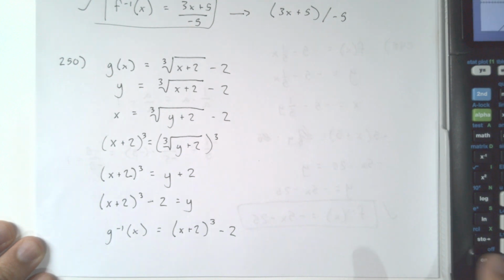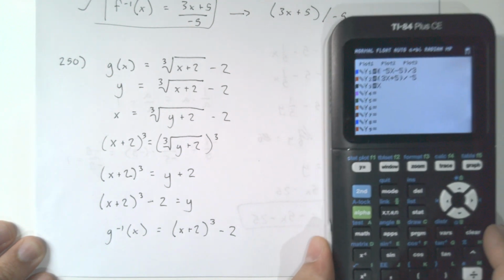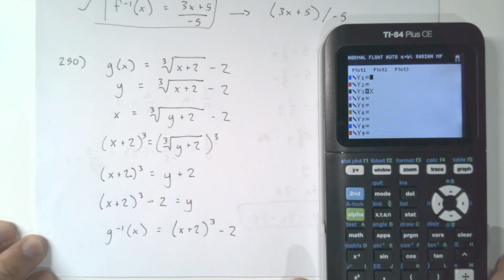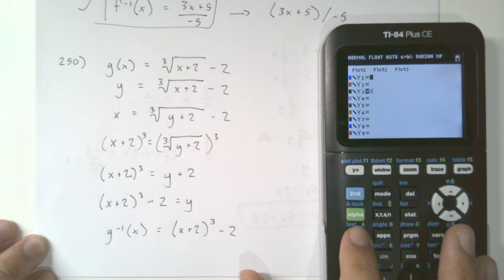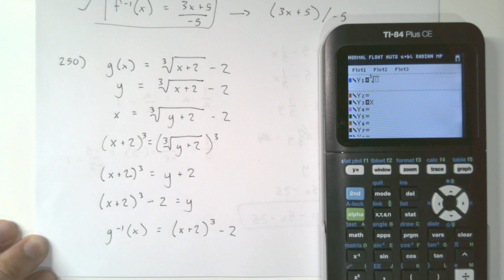So let's confirm that we have the right answer here. So clear out our two functions here, and let's type in the first one. So remember, to do a cube root, we do math, and we scroll down to the fourth option here. We have the cube root of x plus 2. Scroll out from under the root symbol, and then minus 2.